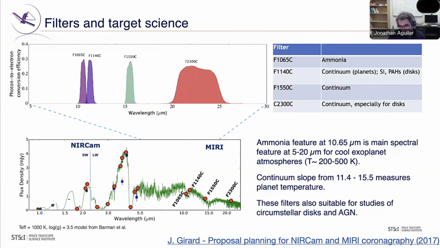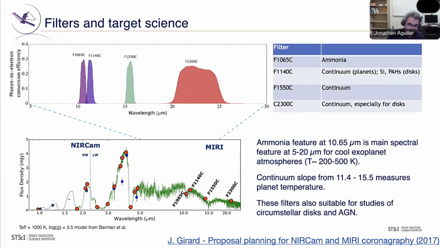And you can measure its depth by also taking the 11.4 micron data, which should be at the peak. If you take the difference between the 11.4 micron and the 15.5 micron, you'll get a measure of the slope of the tail of the planet, and so you can get a handle on its temperature.